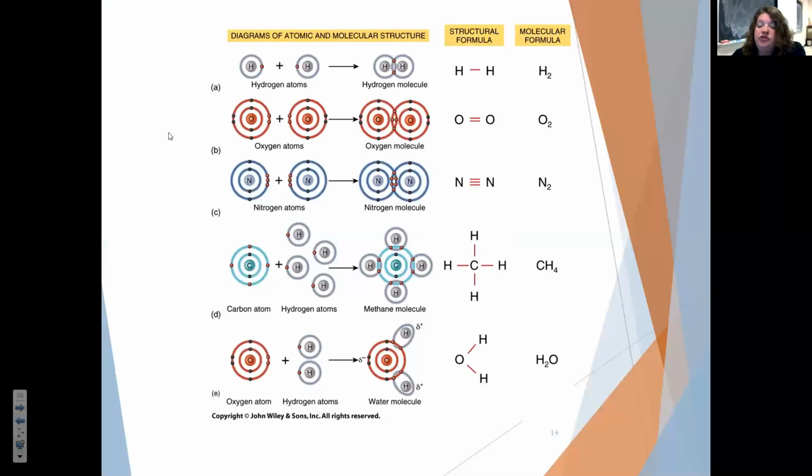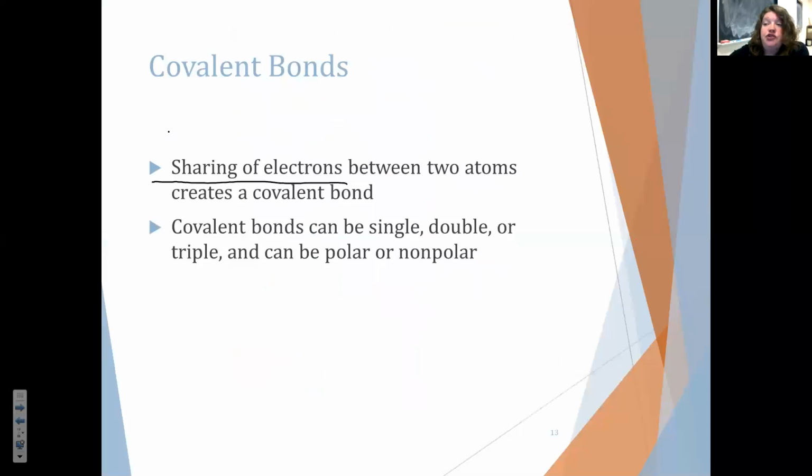What we can do is we can look at going back to drawing our atoms. So we can first draw oxygen. Oxygen has an atomic number of 8, so it has 8 protons in its nucleus. We're back to talking about atoms. So 1, 2 go in the first electron shell. 6 more.